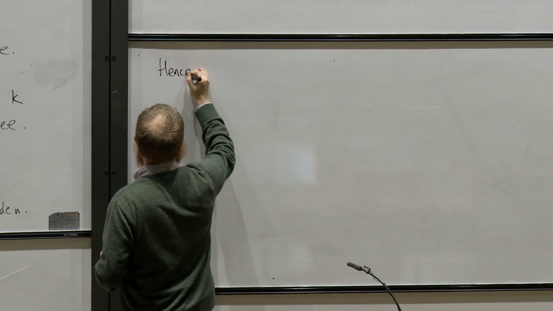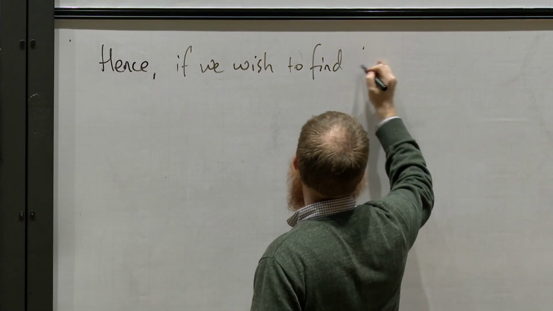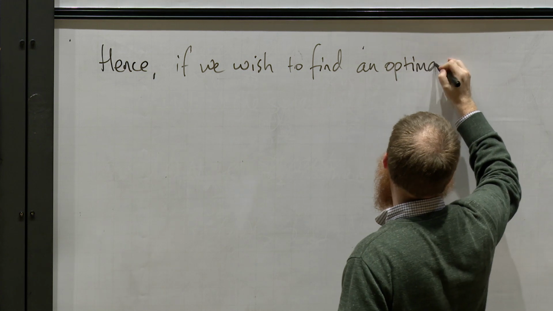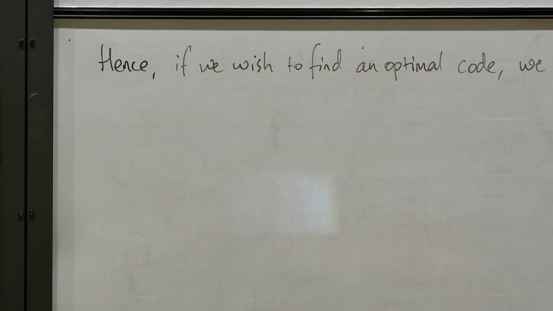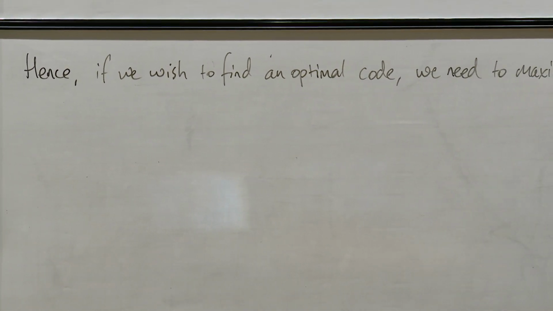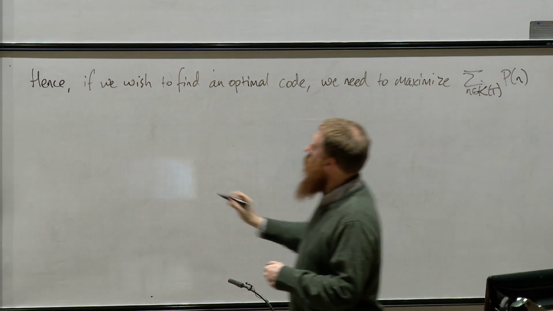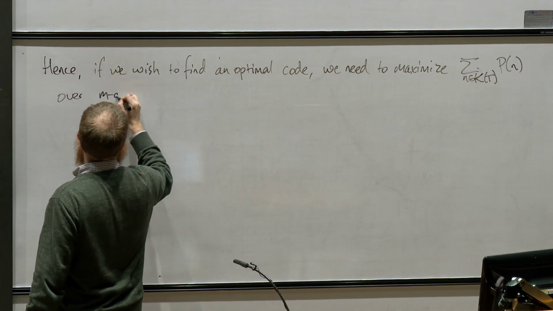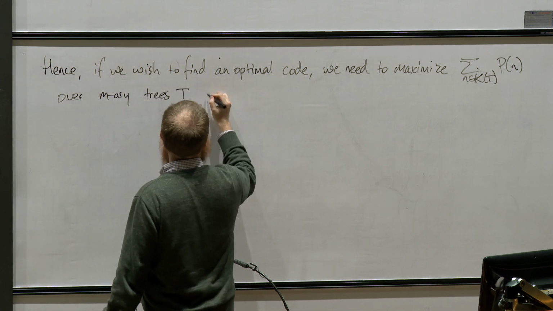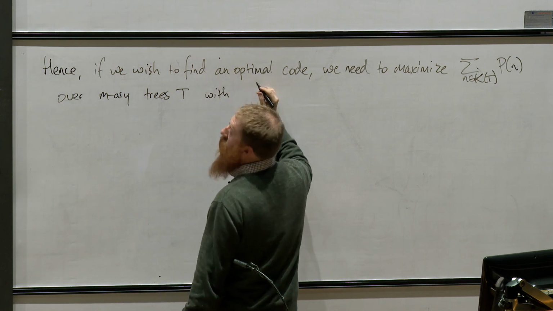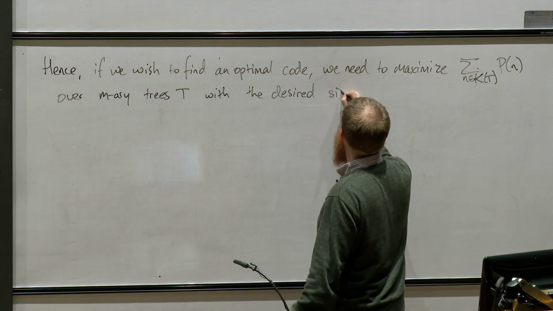Hence, if we wish to find an optimal code, we need to maximize the sum over k_T of Pn, over M-ary trees T with the desired size.